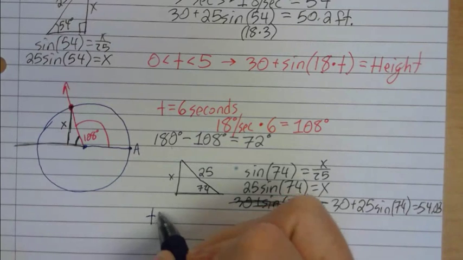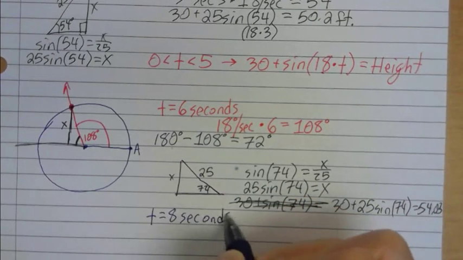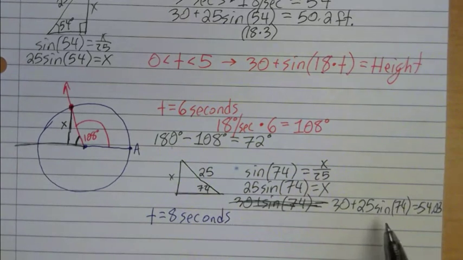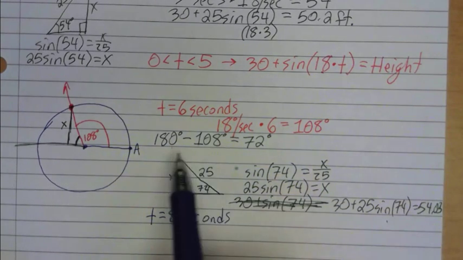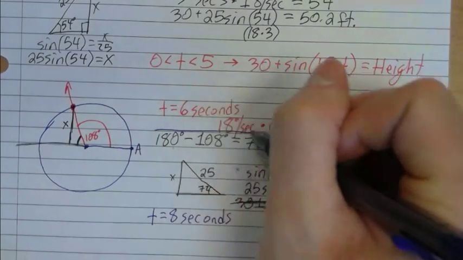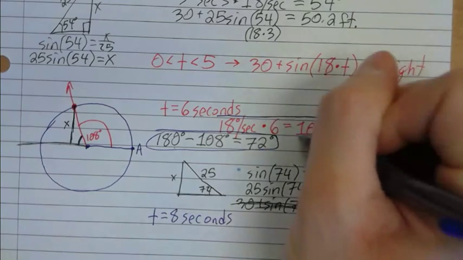Like I could apply this to 8 seconds instead, which is going to be my second quadrant as well. So if I just use my equation right there, I could combine this part and this part.